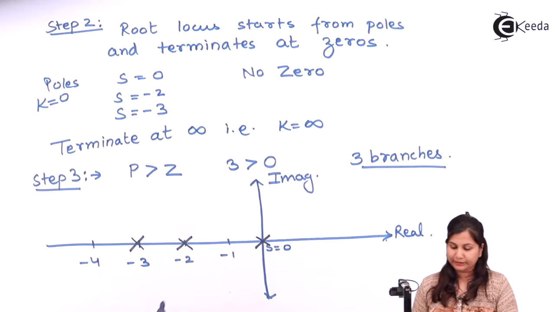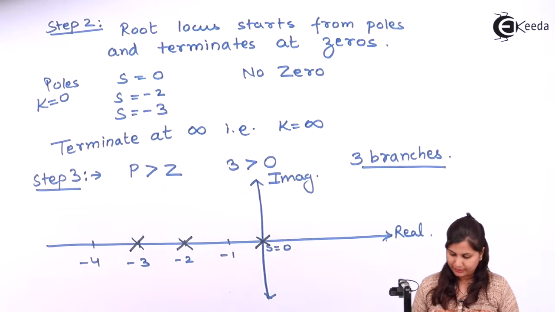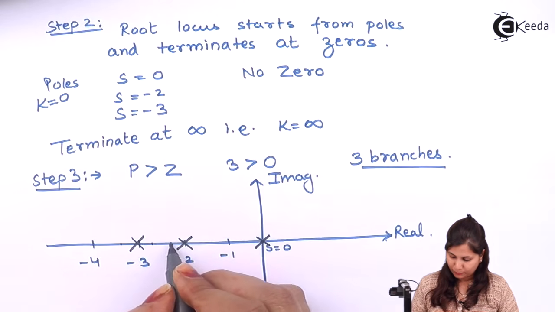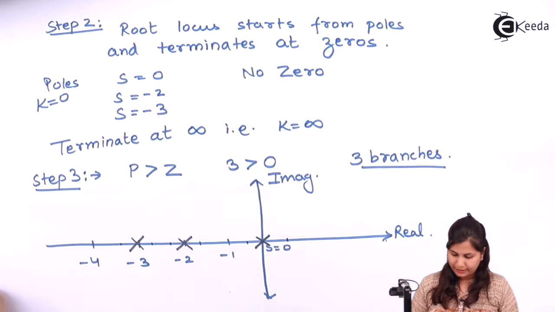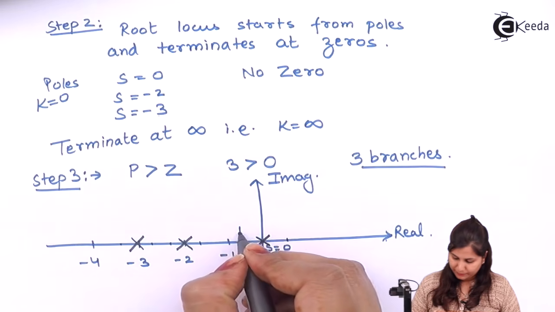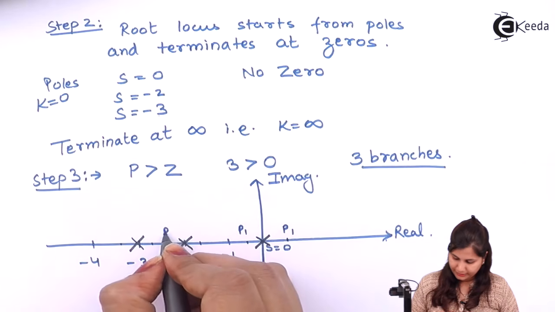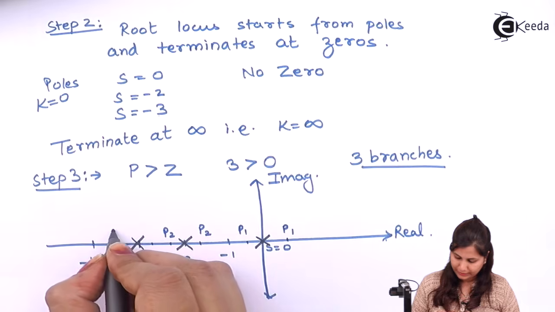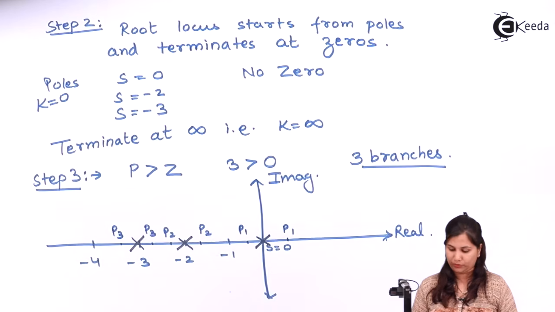Now to determine the direction of the root locus branches, take 3 points across all these 3 poles. Suppose this is P1, and for the second pole there are 2 points P2, and there are 2 points across this pole also.